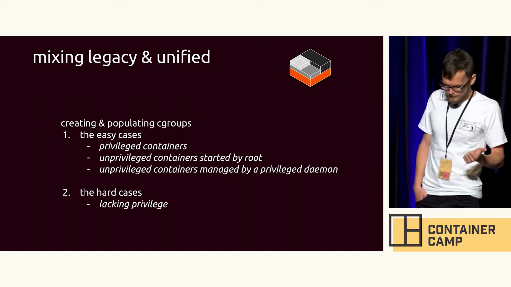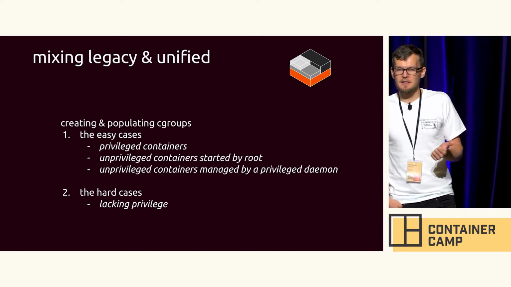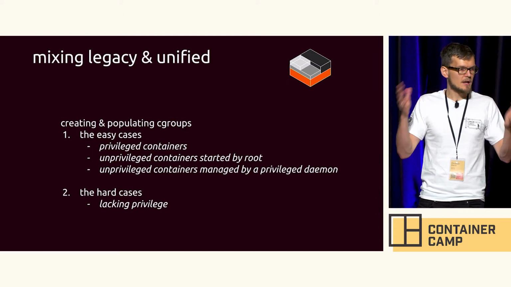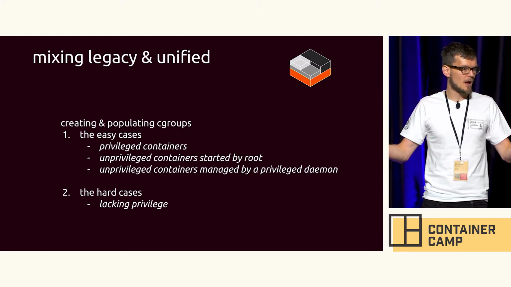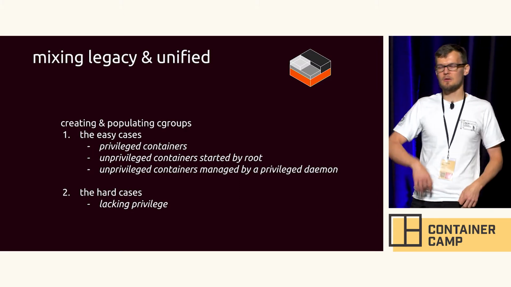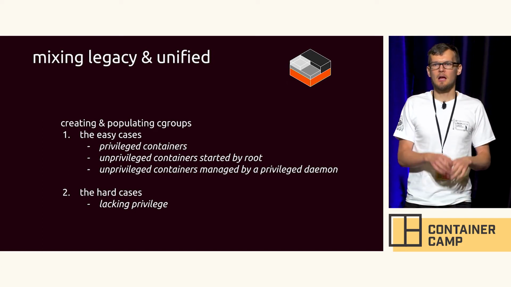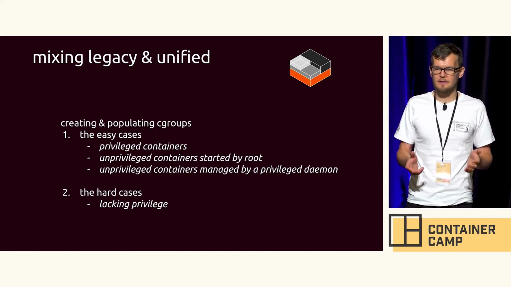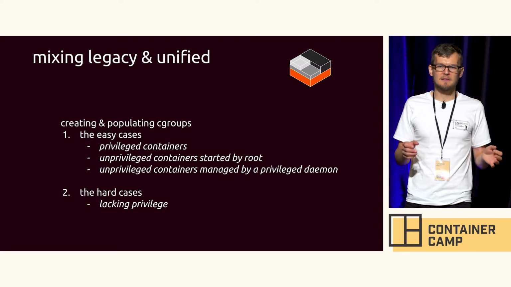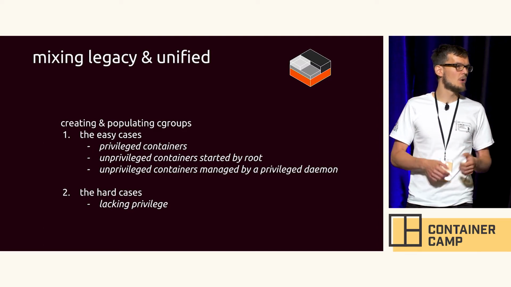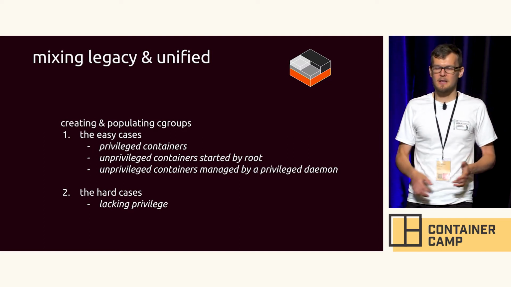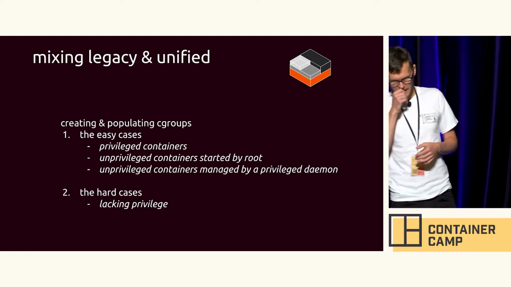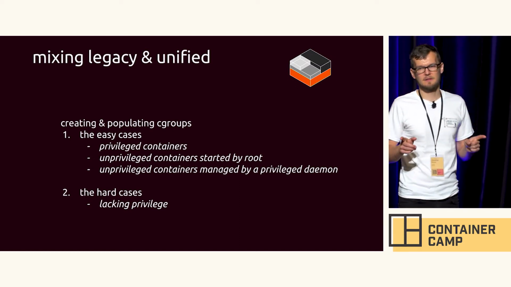By creating and populating cgroups, I mean that's usually when your runtime sets up your container. Before you clone any namespaces, before you clone user namespaces and so on, you usually set up cgroups for your container, which you do still in the host namespaces, meaning you have sufficient privileges to do so, and then you spawn your init binary and hope all is well. There are two cases to consider here.